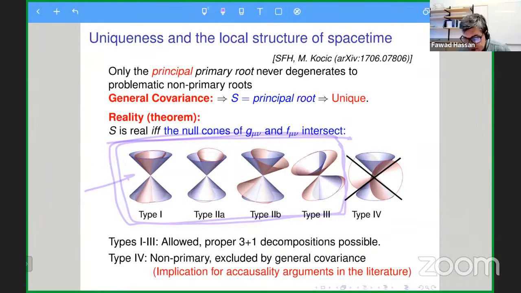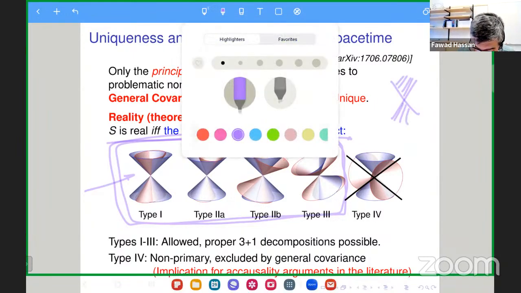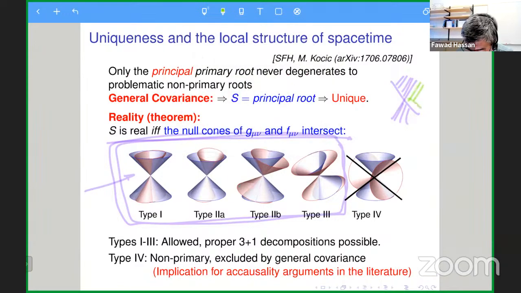There is a last possibility where the null cones are completely complementary. So suppose you have this null cone for one metric, and the complementary one for the other metric, so your notions of space and time are completely complementary. The square root here is real, but this is not the principal square root. So your theory is not generally covariant for this choice, and you have to throw this choice away.